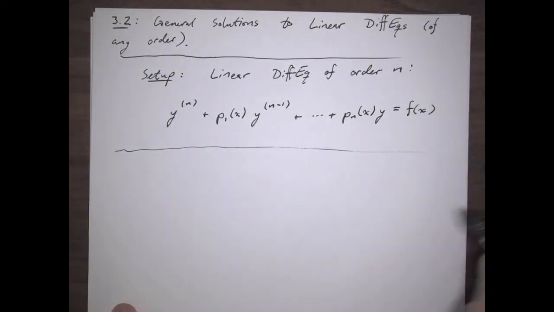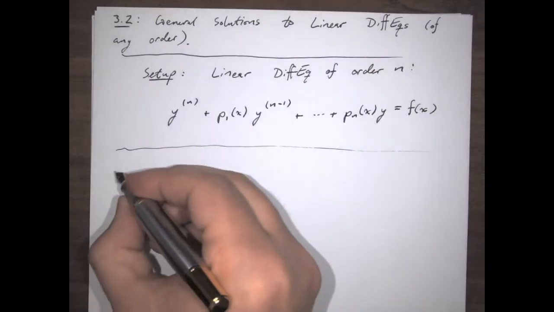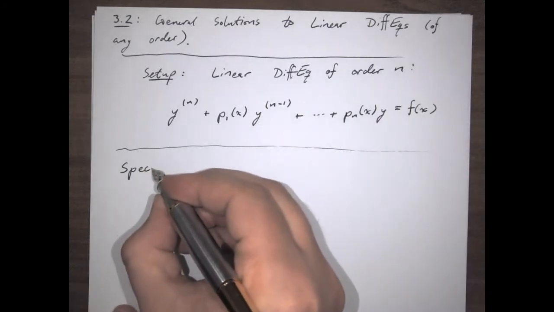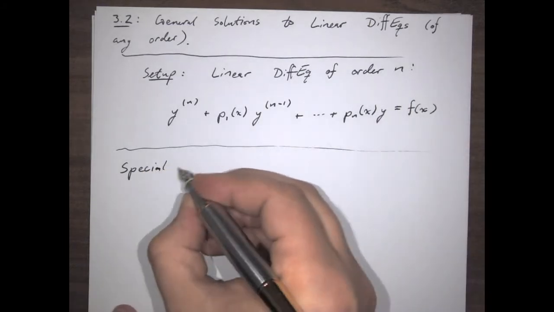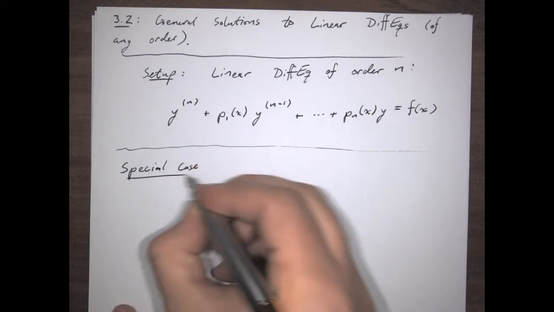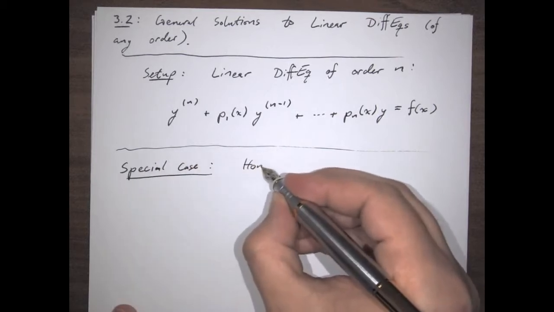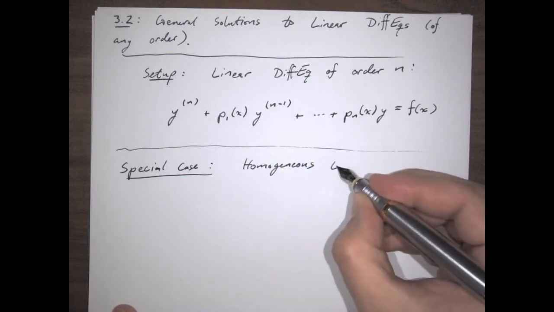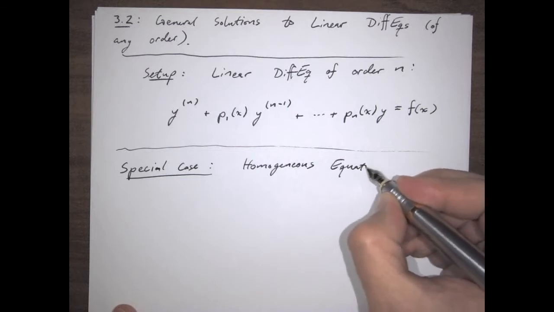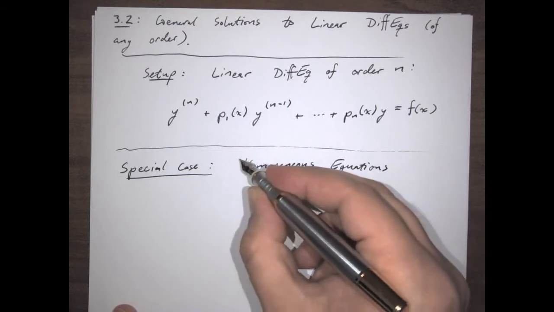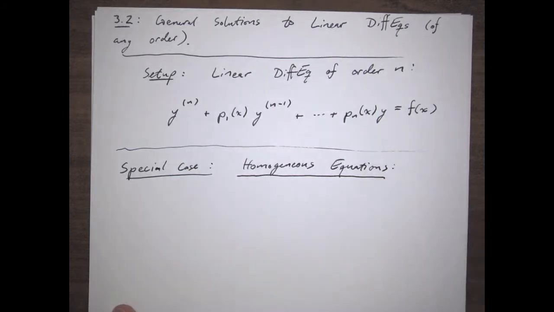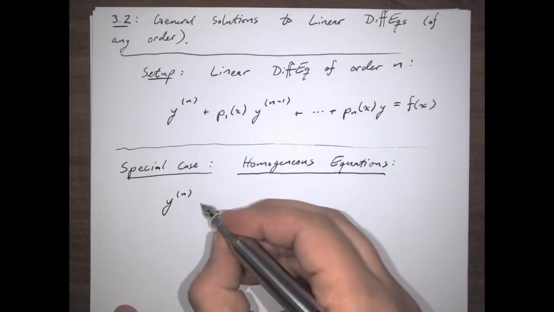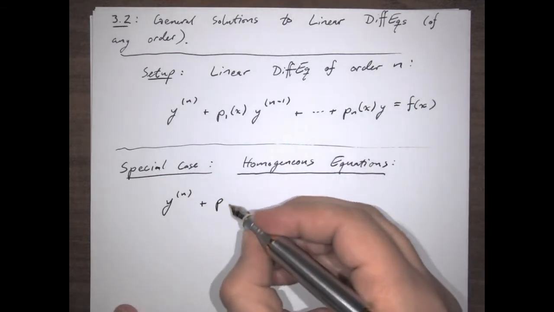Now to start with, we're going to look at a special case where this is homogeneous, and that means f of x equals 0. So a special case, homogeneous equations. And those will have the form just like what we just wrote.